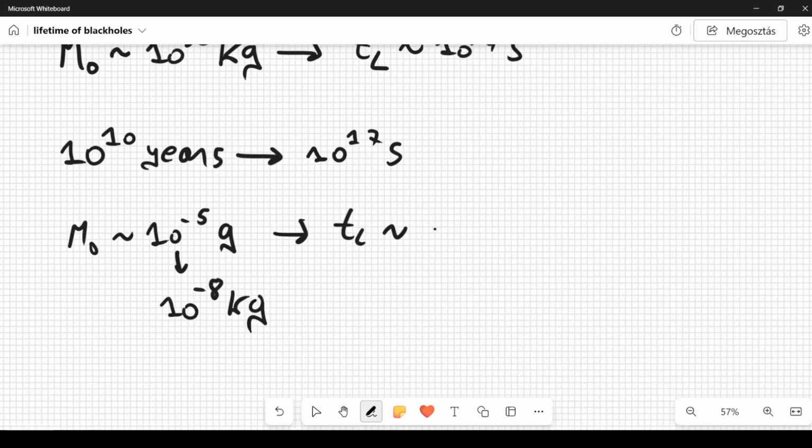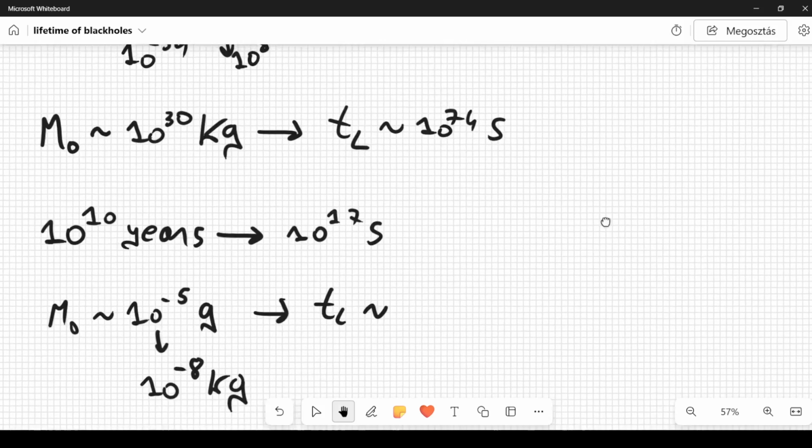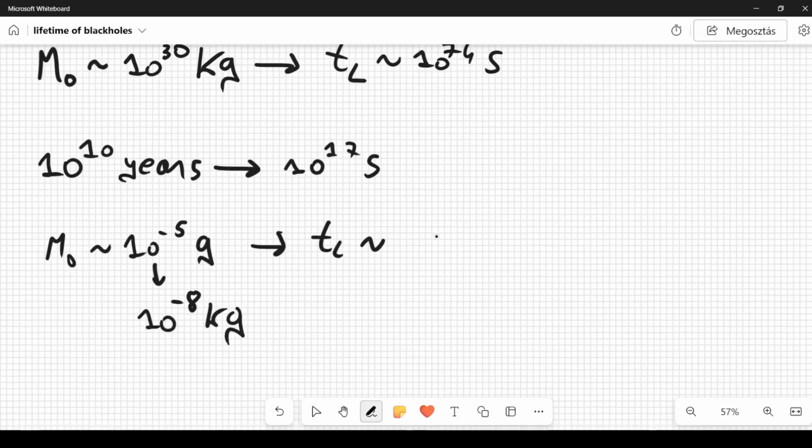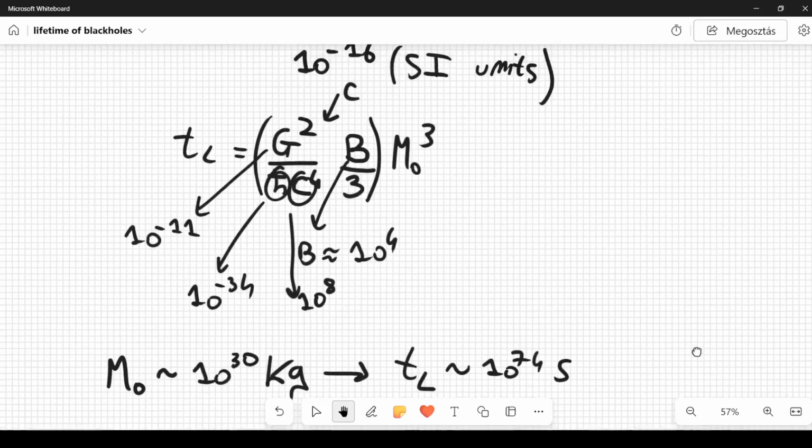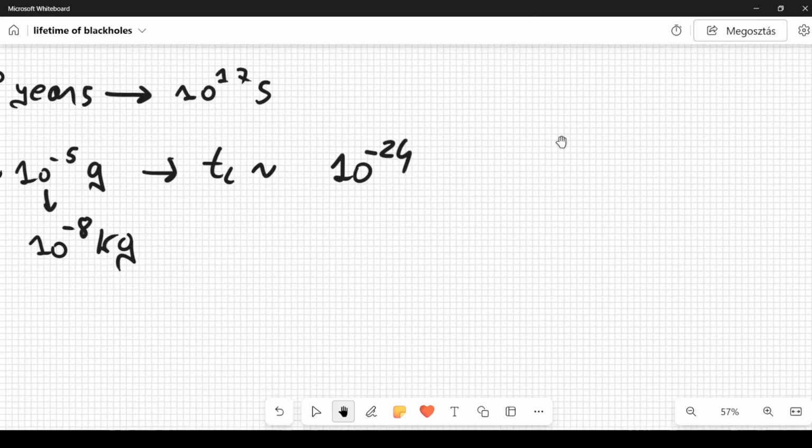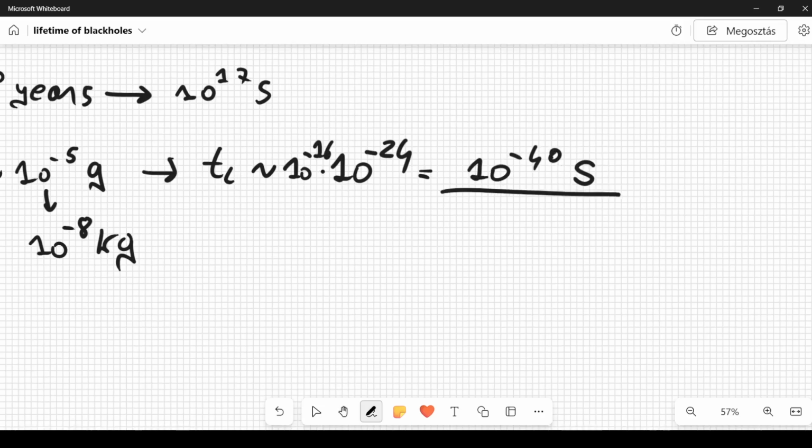Since the initial mass of the black hole is cubed, we have 10 to the minus 8 cubed, so 10 to the minus 24. Remember that we have the constant C, which is of the order of 10 to the minus 16. So we have to multiply this by another factor of 10 to the minus 16, and therefore this is equal to 10 to the minus 40 seconds. This is just a rough estimation, but it gives you the idea.